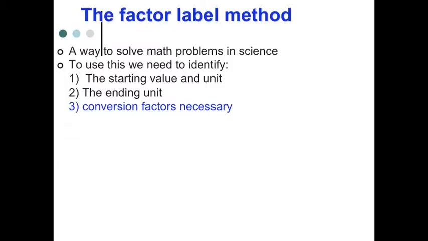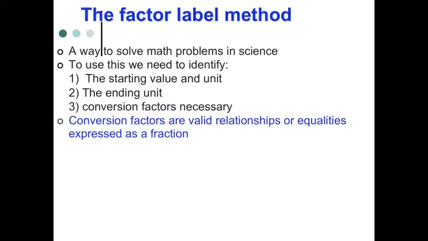So you're probably thinking, what's a conversion factor? A conversion factor is a valid relationship or equality that's expressed as a fraction. You probably know a lot of conversion factors already, whether you realize it or not. For example, you probably already know that there are 60 minutes in 1 hour, or that there's 365 days in 1 year, or maybe you know that there's 5,280 feet in 1 mile, because you live in the mile-high city of Denver, of course.